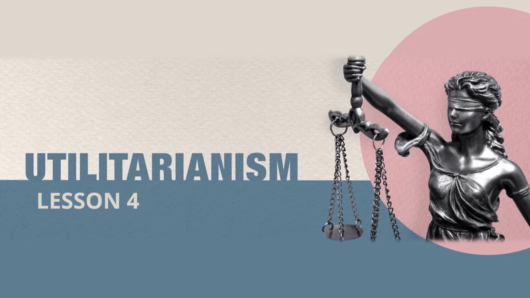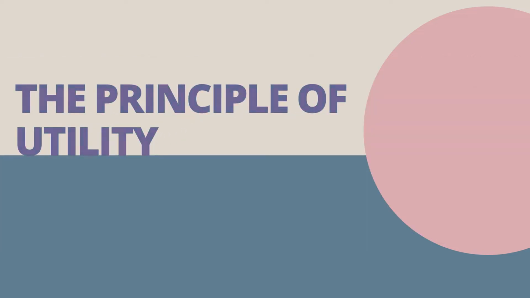So when we talk about utilitarianism, we will talk about the principle of utility, of course, no? So we have two names that will appear instantly if you will try to research about this theory. So we have Jeremy Bentham and John Stuart Mill. As I've said, in utilitarianism, it is the principle of utility. We will focus on the principle of utility.